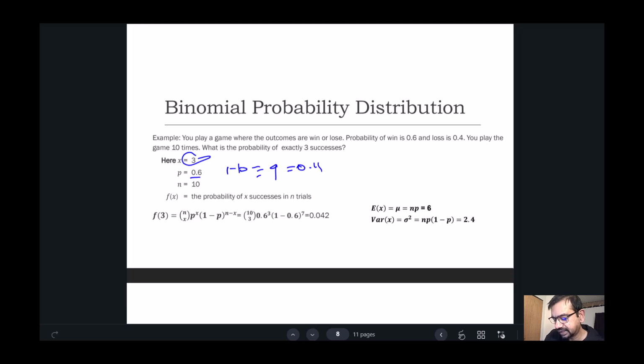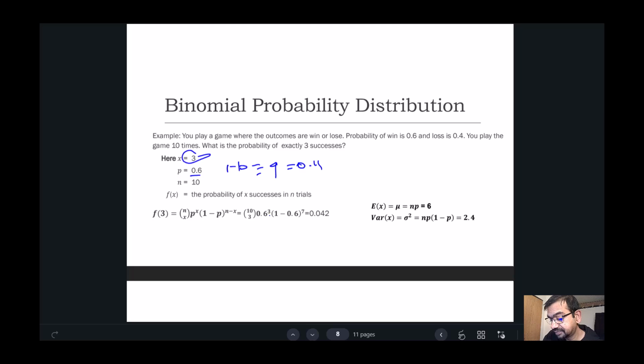So plugging these in, we have 10c3, and then p to the power 3, that is 0.6 to the power 3, and then 1 minus p, which is 1 minus 0.6, to the power 7, and when we do that, we get 0.042. So this is the probability of getting exactly 3 successes in doing n trials with these probabilities.